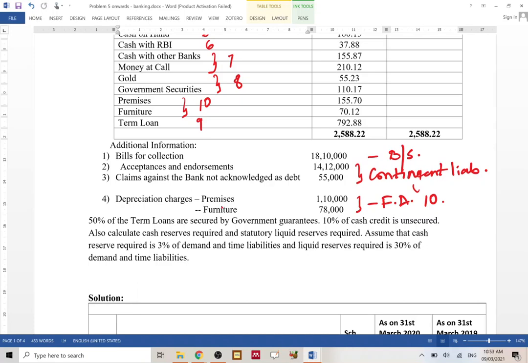Okay, then 10% of the cash credit is unsecured. Again, more information is given about cash credit as to how much is secured and unsecured. Next one, we have to calculate some reserves. As you know, the RBI makes it compulsory, it mandates the banks to maintain certain reserves like the cash reserve ratio, the statutory liquidity ratio, and so on.